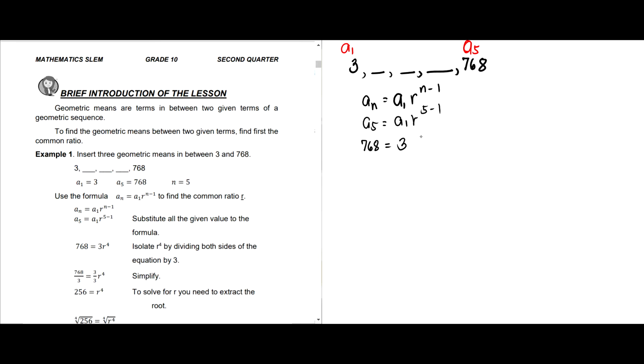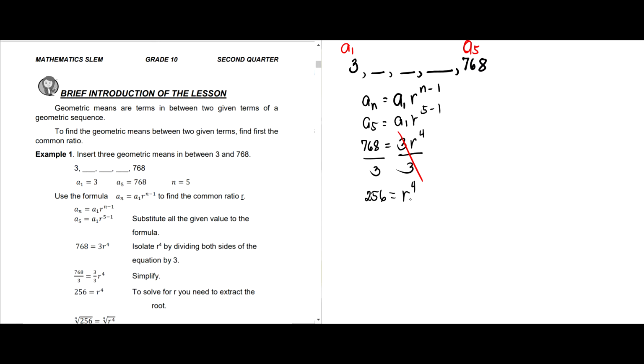Your first term is 3 and your common ratio is unknown. So we write 3 times r, and 5 minus 1 is 4. Now, we are going to divide both sides by 3 because we're going to cancel out the 3 here to remain your variable r raised to 4. So 768 divided by 3, that's 256. How are we going to get the value of r? We simply extract the root.